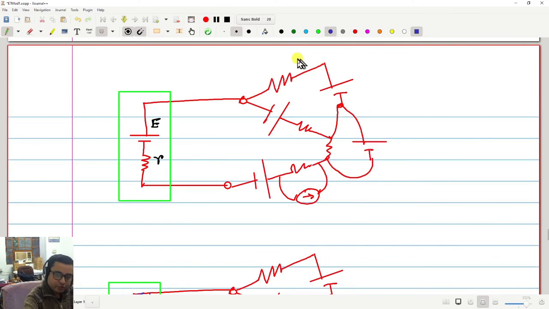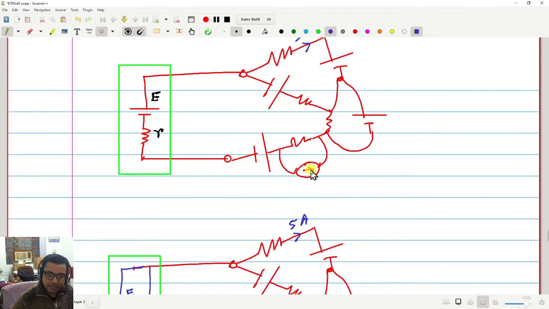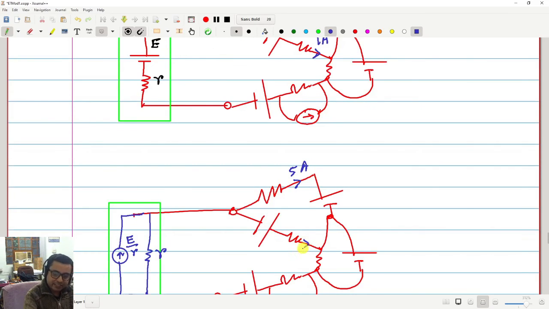So if here you are getting suppose 5 ampere current, then in this circuit also you will get same 5 ampere current. Suppose here you had 1 ampere current, you will get the same current here.